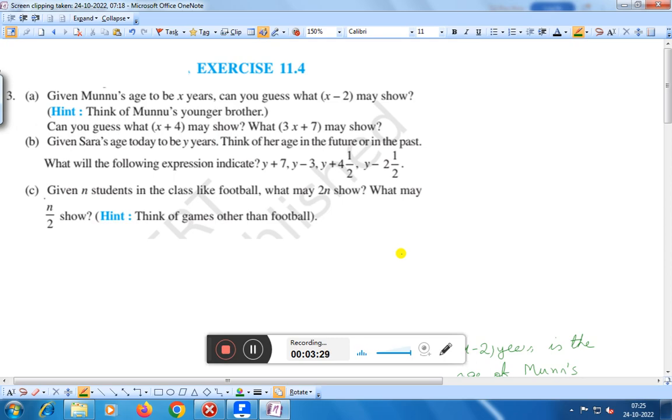What will the following expression indicate? Y plus 7, y minus 3, y plus 4 and a half, y minus 2 and a half, right?